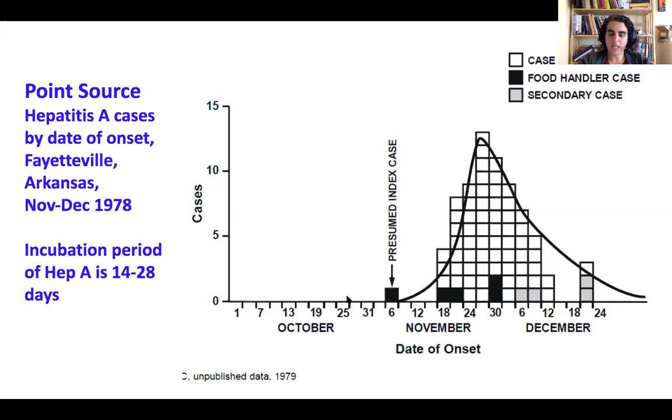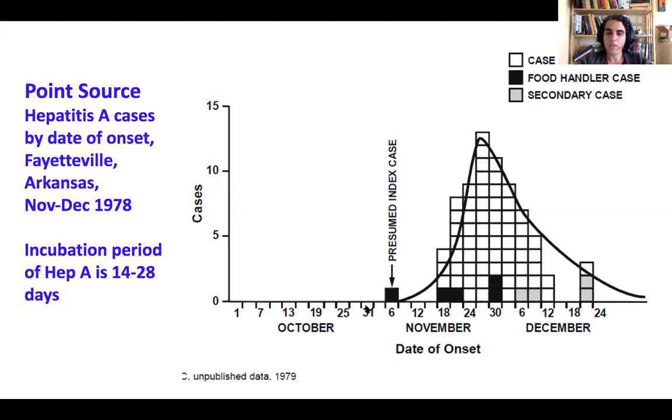This is a case of hepatitis A, which is an acute disease. It's often caused by poor hygiene in food handling. And the incubation period is very long. It's 14 to 28 days. So you can be exposed and you won't get sick until 2 to 4 days later. It can spread person to person, but it fairly rarely does.